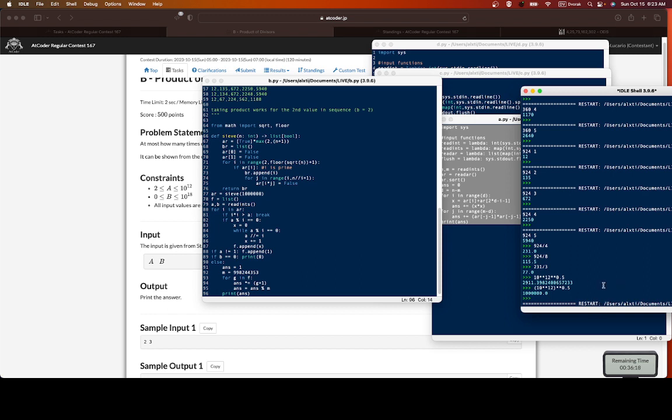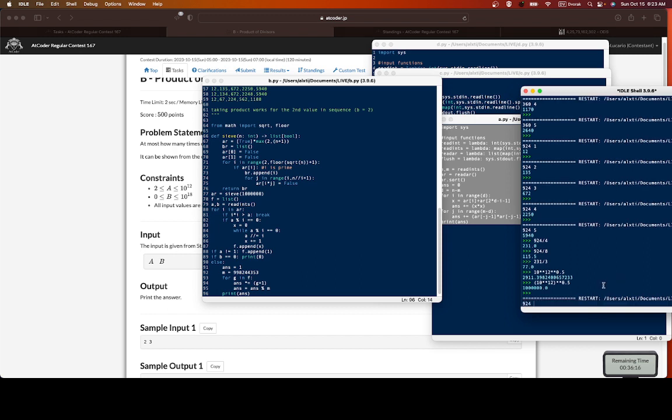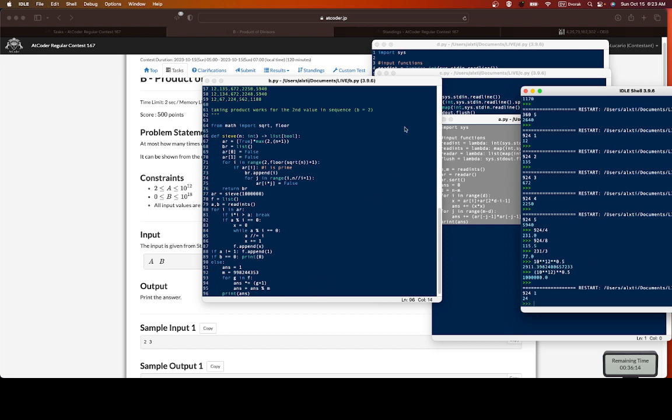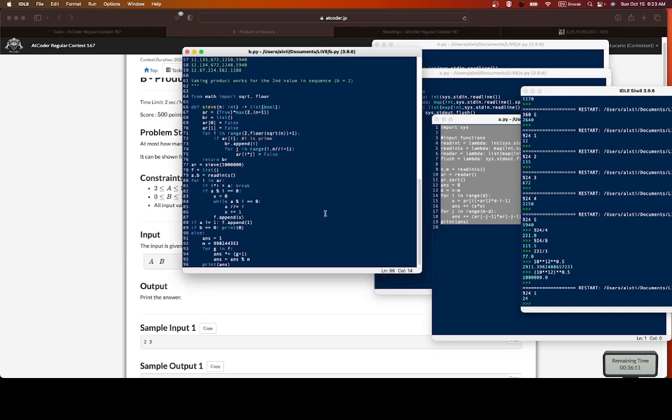Okay, first we can test 924. Oh shit, we got double the amount.